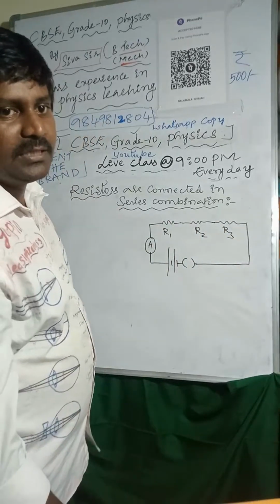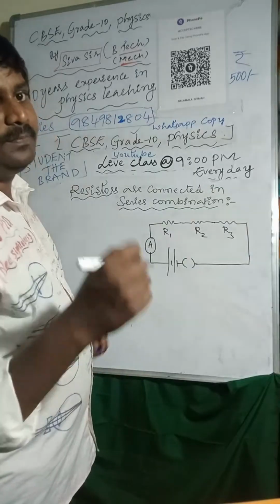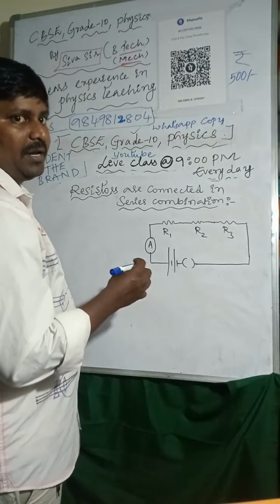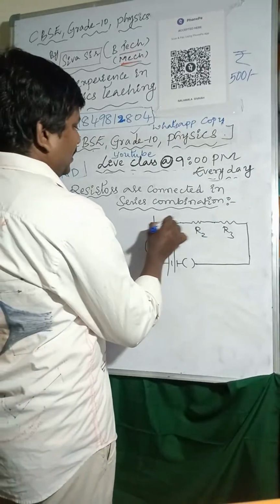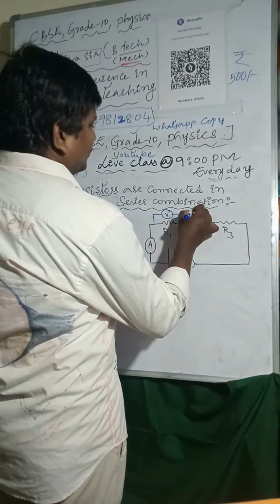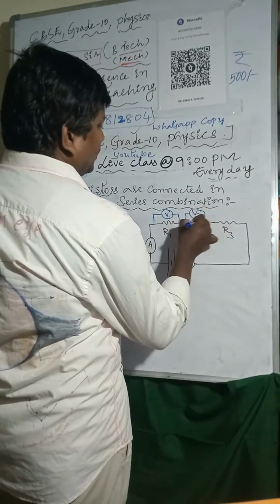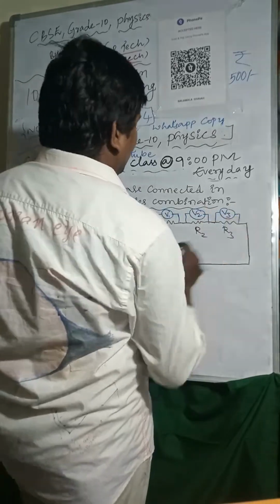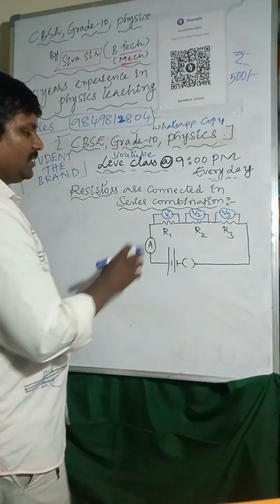Across the three resistors I'm connecting voltmeters: V1, V2 and V3 across R1, R2, R3.